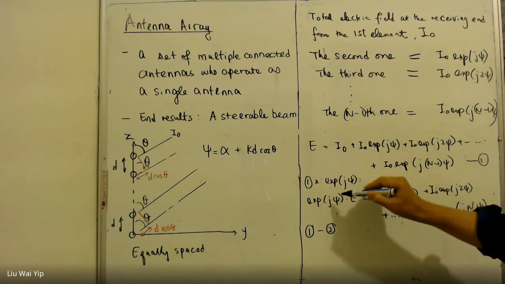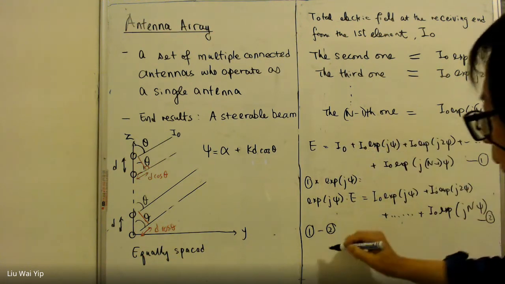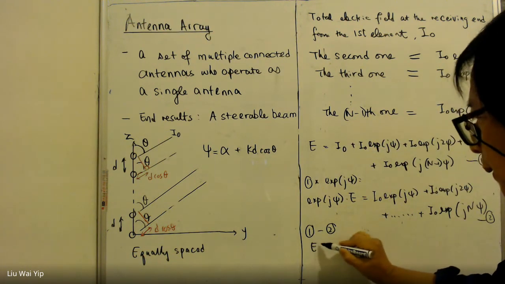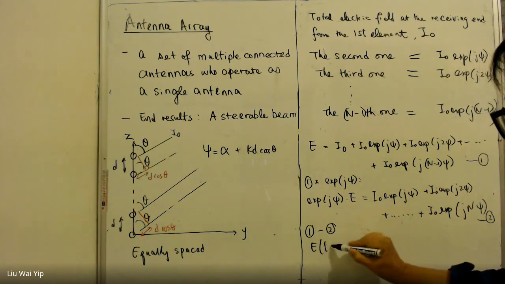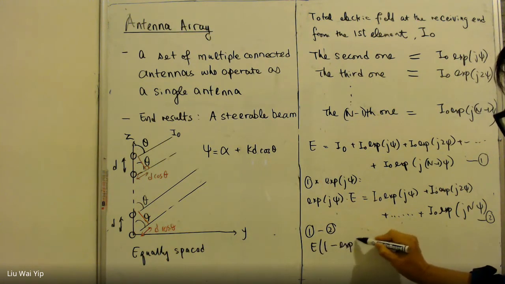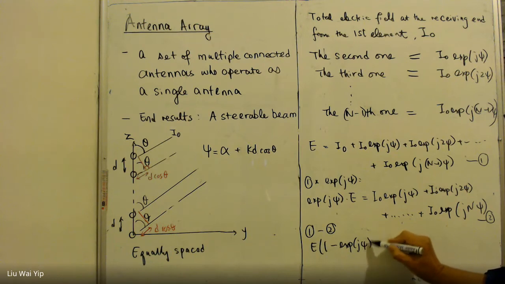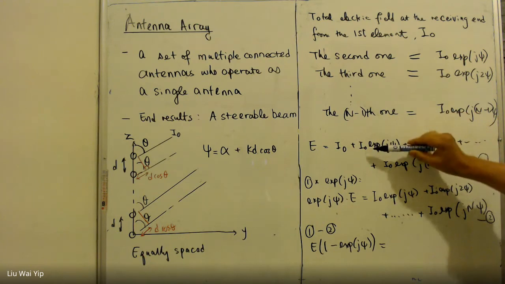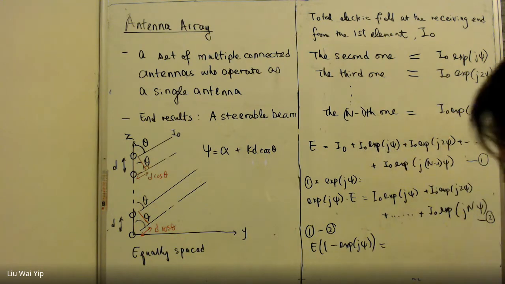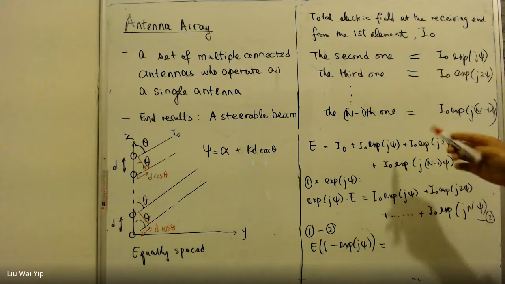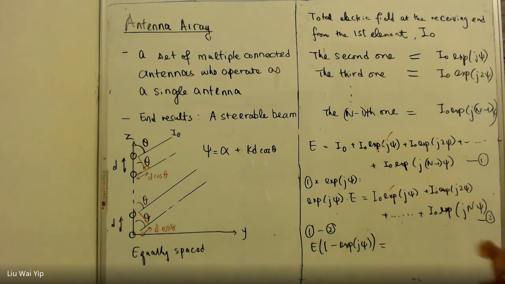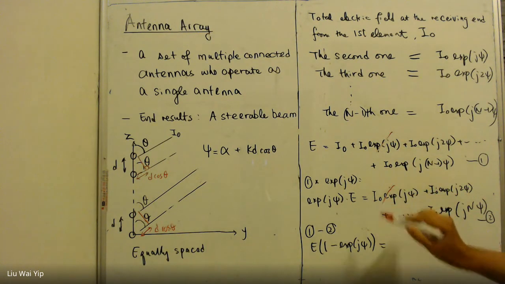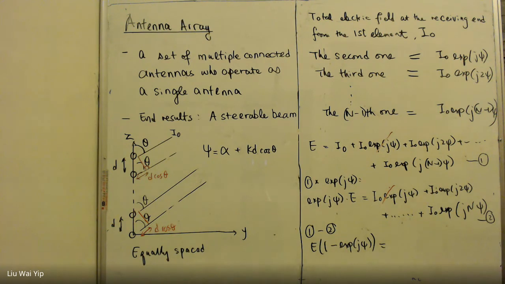The left side of the equation is going to be E times 1 minus this one. The right side of the equation, just be careful, right? Take a look here. This term and this term cancel off with each other.